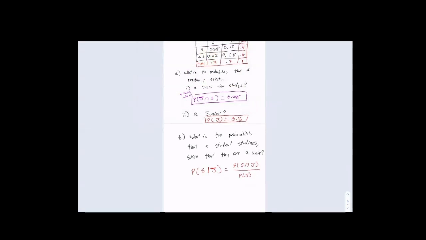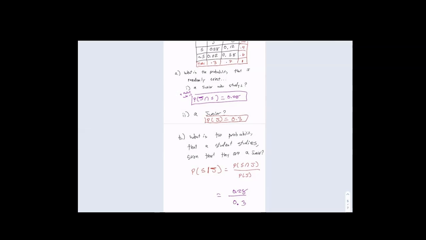Well, we've already got the first part. What's the probability that they study and are a junior? We already know that one. 0.28. All right. And we're going to divide that by juniors. What's the probability that they're a junior? 0.3.